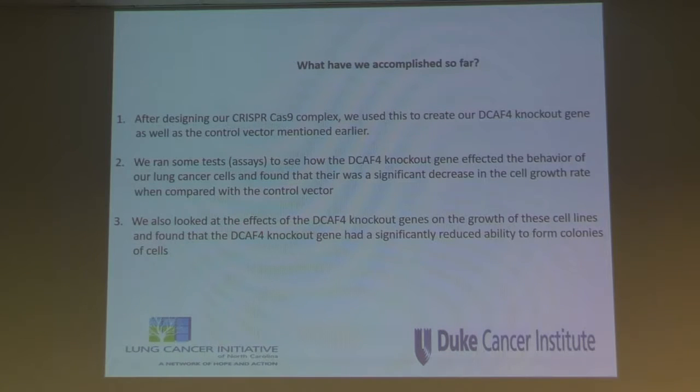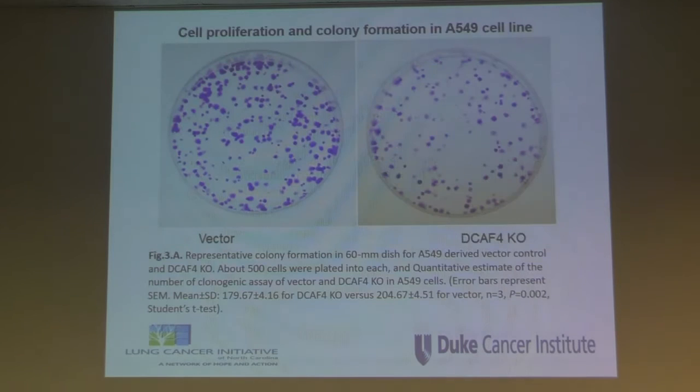We also looked at the effects of the DCAF4 knockout gene on the growth of these cell lines, and found that the DCAF4 knockout had a significantly reduced ability to form colonies of cells, and that's what that looks like. You have the control vector on the left-hand side, and our DCAF4 knockout on the right-hand side.